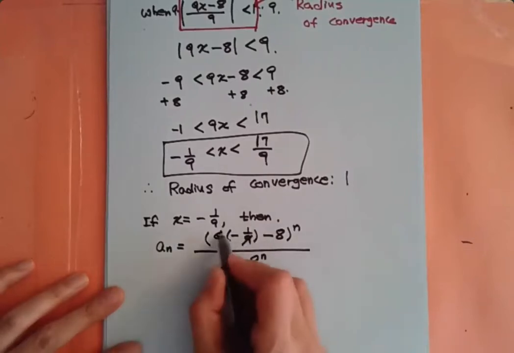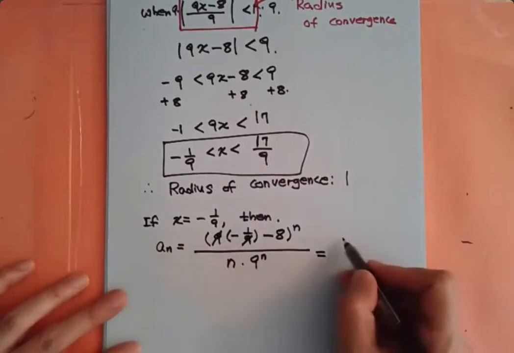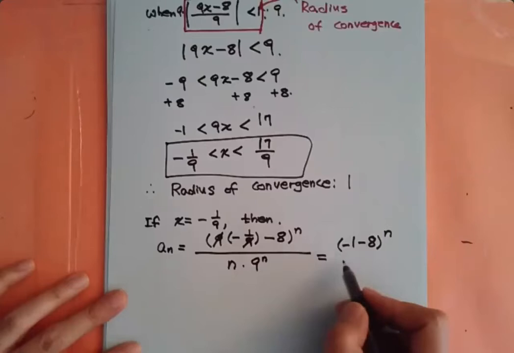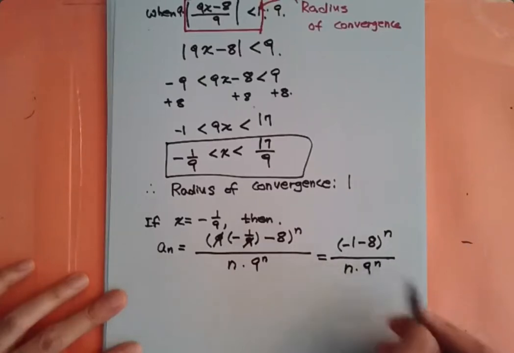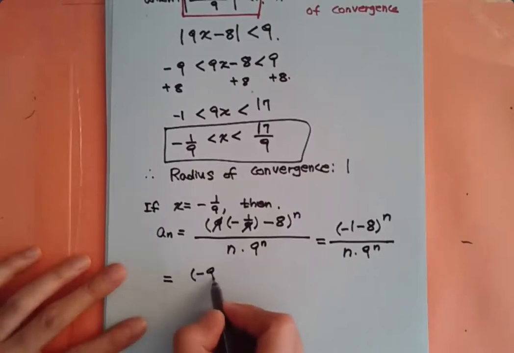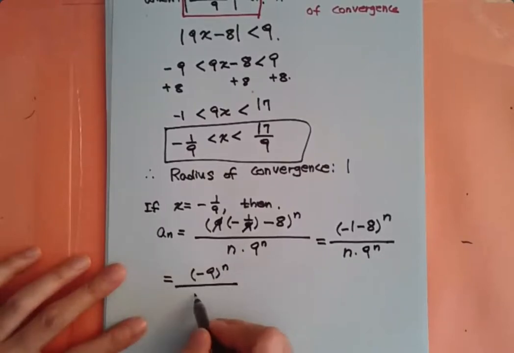So these will cancel each other, and we have (-1 minus 8) to the n power over n times 9 to the n power. Therefore, we have (-9) to the n power over n times 9 to the n power.